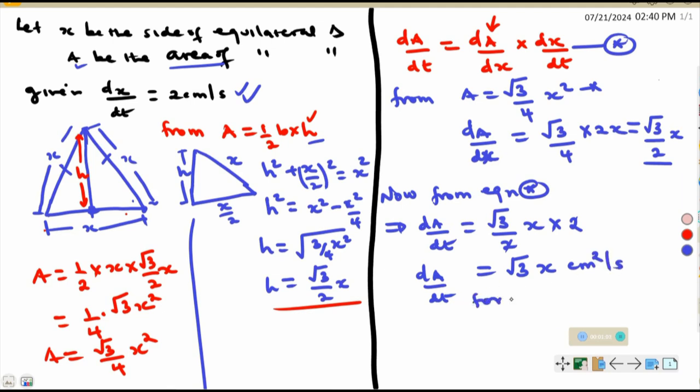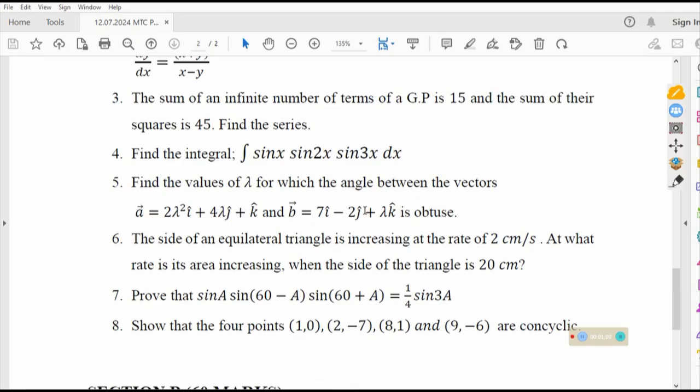Now, we are told that we need to find the rate at which the area is increasing when the side is 20 centimeters.